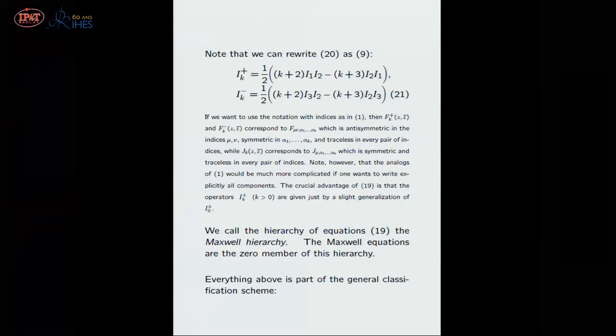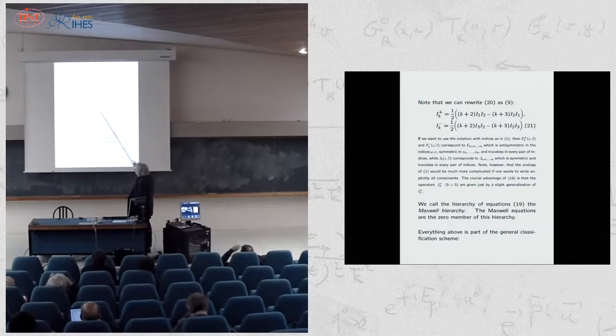Now, f_k plus/minus correspond to such tensors f mu, alpha 1, ..., alpha k, where this tensor is antisymmetric in mu, symmetric in alpha, and traceless in every pair of indices, while g_k corresponds to g mu, and so on. But the equations which work with the same operators are these similar operators where only there is some number k introduced.